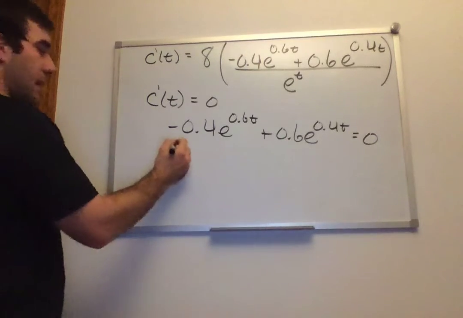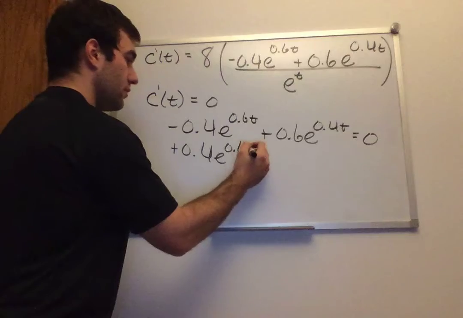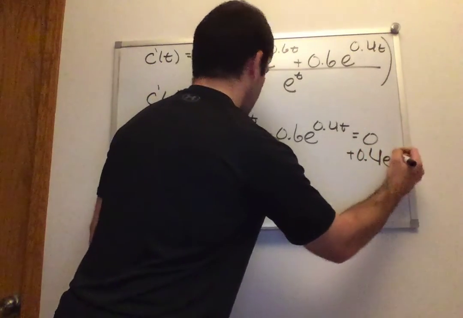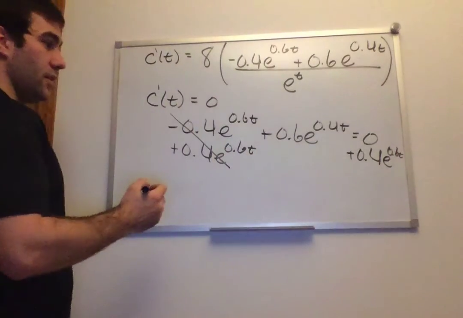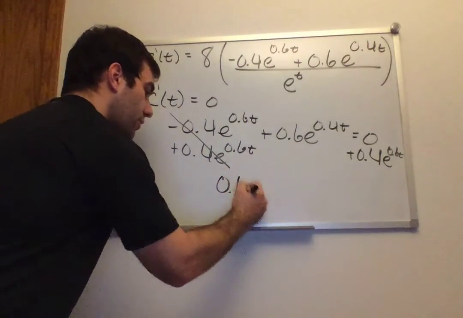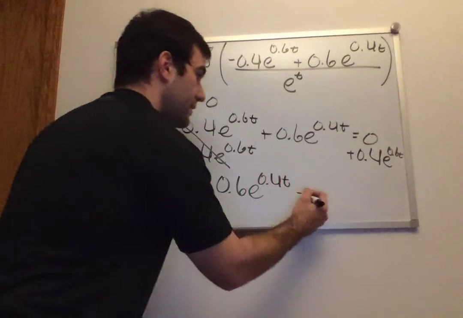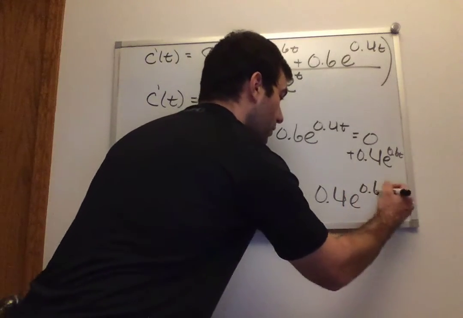Now, I'm just going to add this over. So we get this equation, 0.6 e to the 0.4t is equal to 0.4 e to the 0.6t.